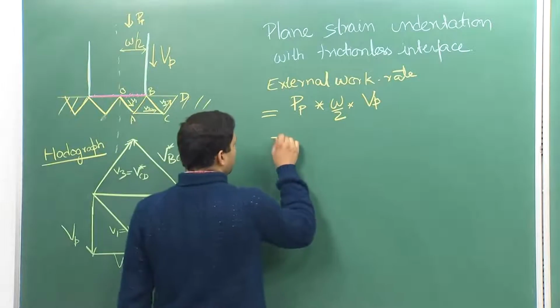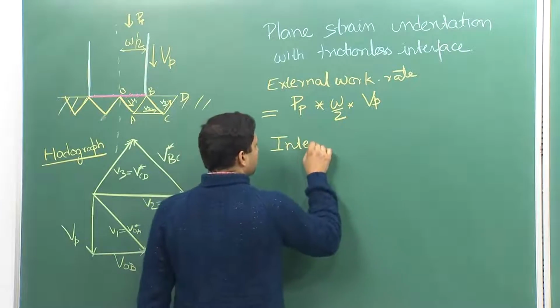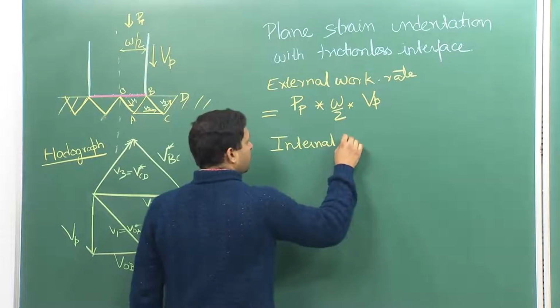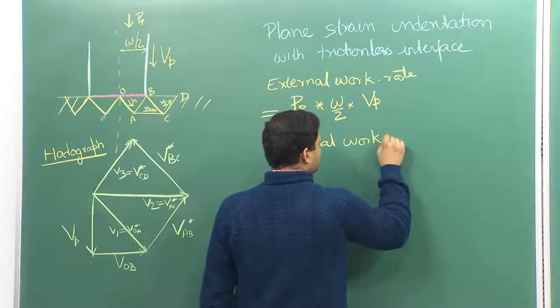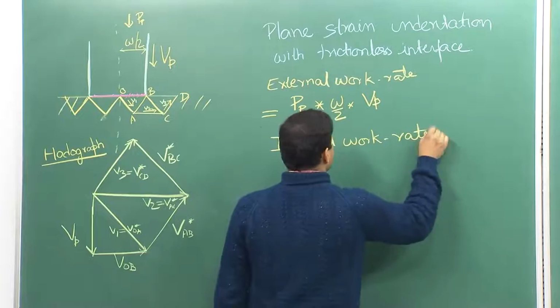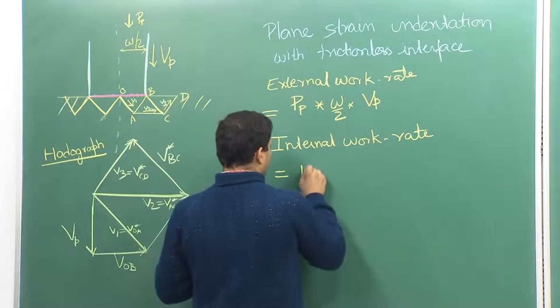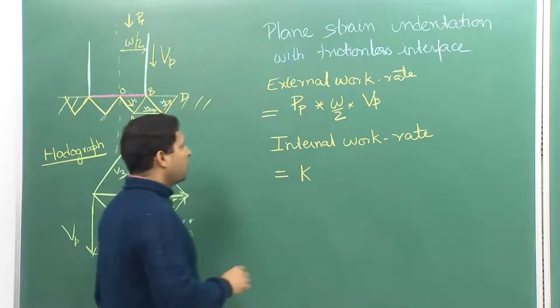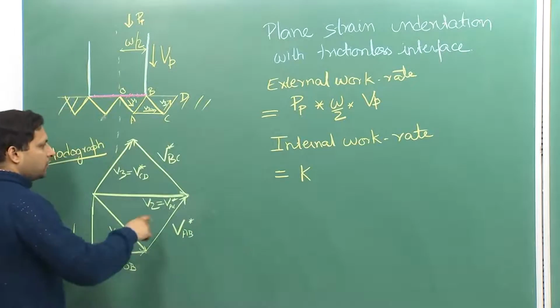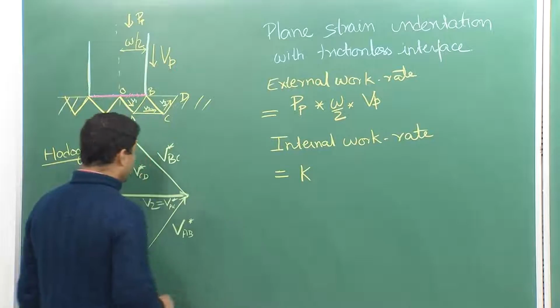What about the internal work rate? If you remember, we have to sum it over all the 5 planes, and the shear stress, the shear strength K, would be the common factor.